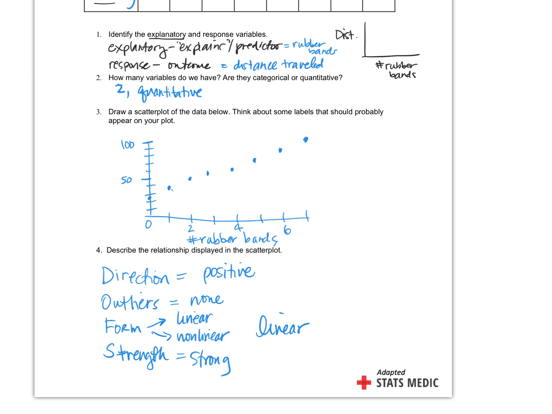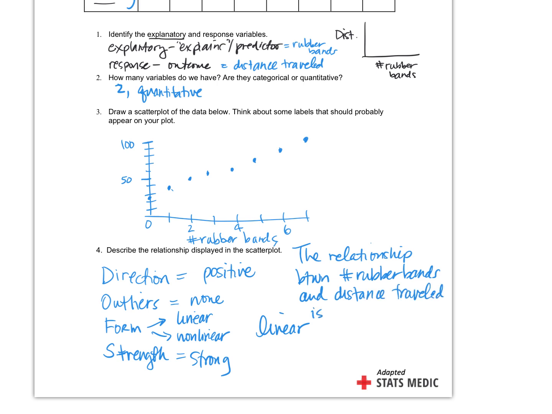All right, so if I'm putting this all together in a lovely little sentence, I would say the relationship between the number of rubber bands and the distance traveled is positive, strong, and linear.